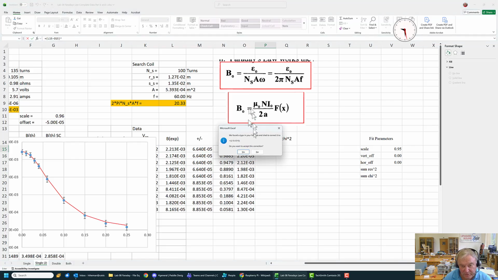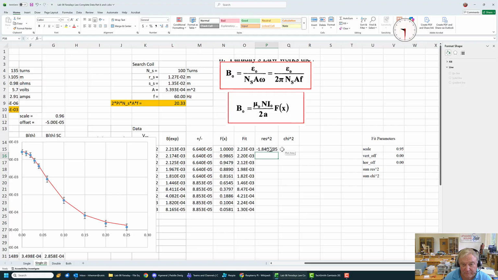Oops, I forgot to put the 2 in there. And this is simply the res squared divided by the plus minus squared. And there we go. So we can fill both of them in at the same time.